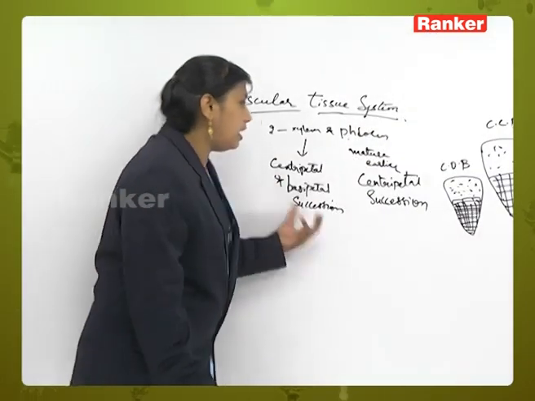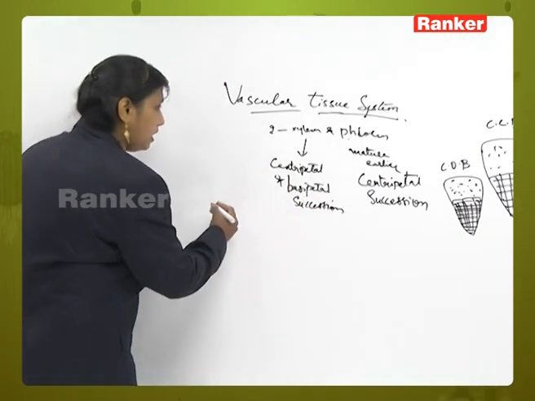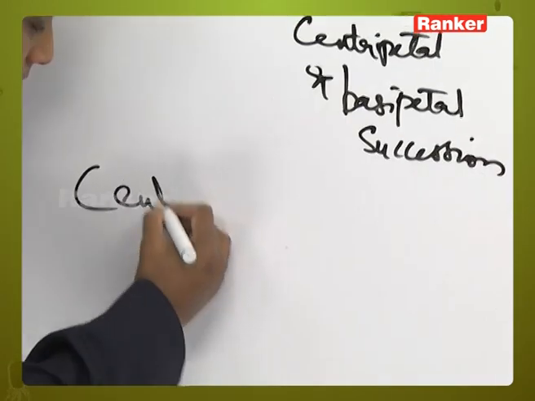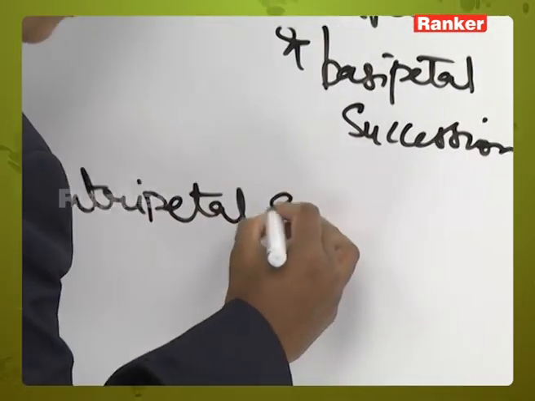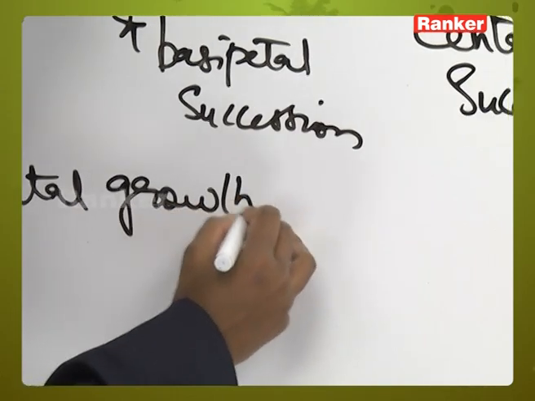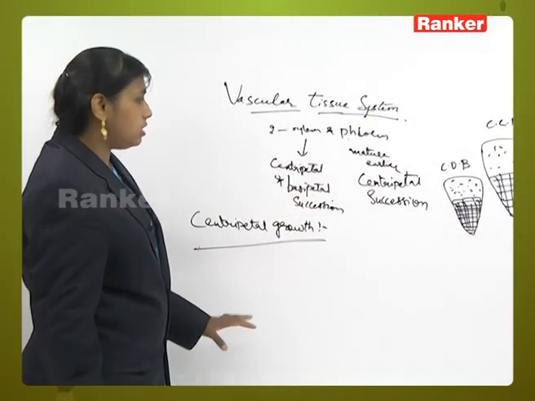On the basis of the arrangement, differentiation of xylem is of types. The first one is centripetal, that is called centripetal growth, where the growth of the xylem occurs from the outer side to the center.